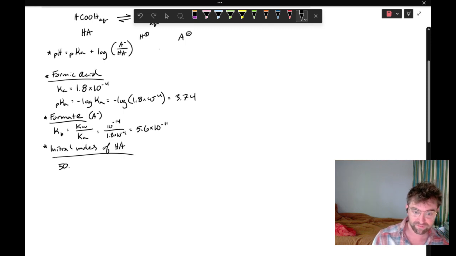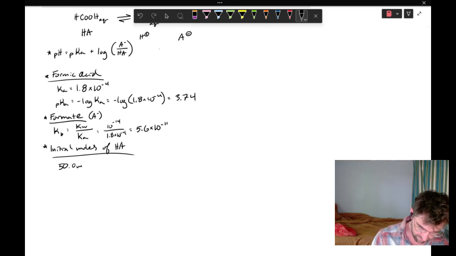We have 50 milliliters. Our molarity is given in moles per liter, 0.1 moles per 1,000 milliliters.